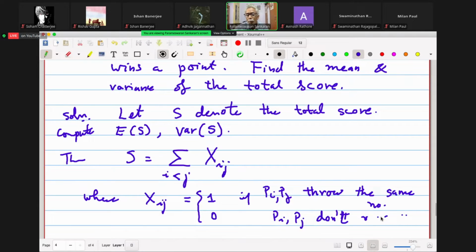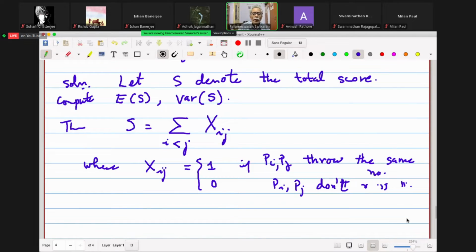Okay, same number. Now let me first do this expectation. The expectation of S is equal to the expectation of the whole thing, the sum over i less than j of Xij.